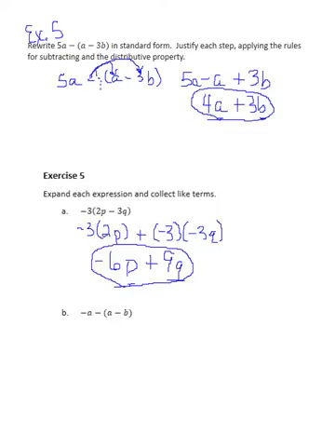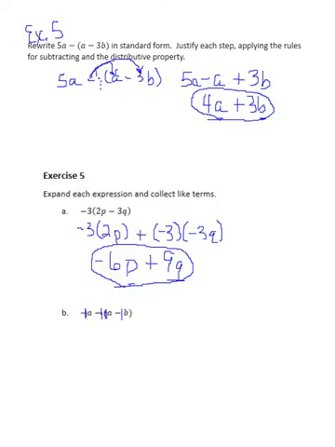Okay, let's go to B. Let's try B. He's a little wackadoodle because there are no visible integers in here, but we do have those invisible ones that would be right in front of the variable. There, there, there, and there.